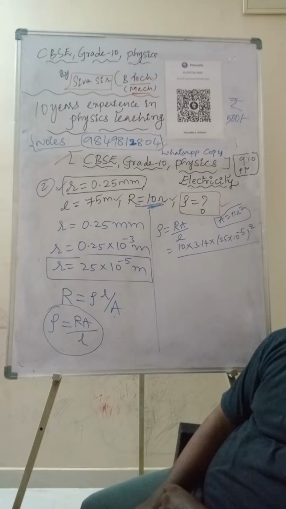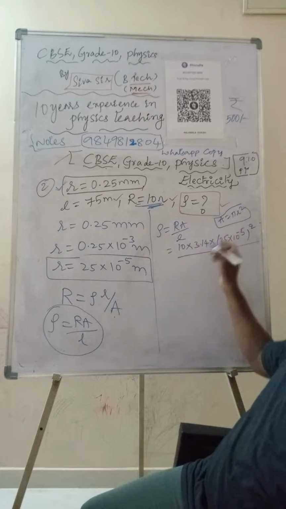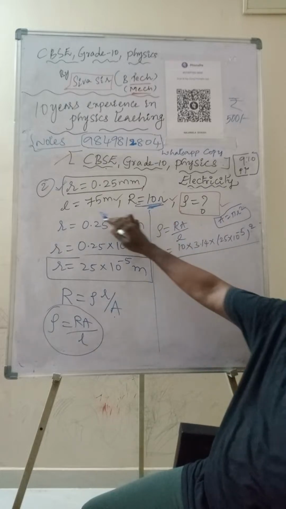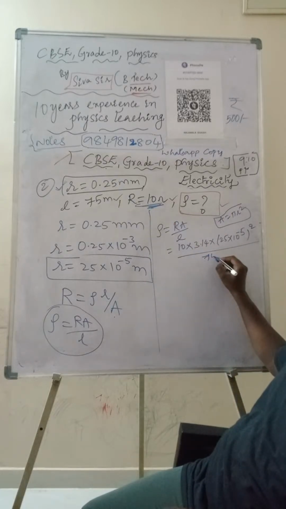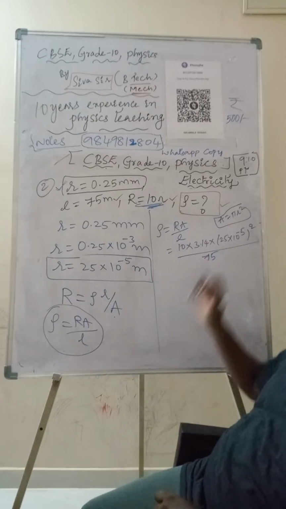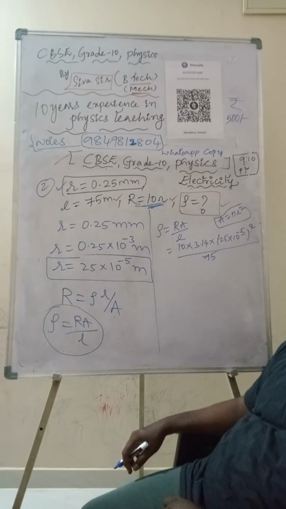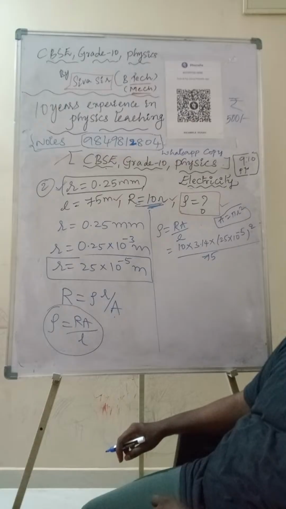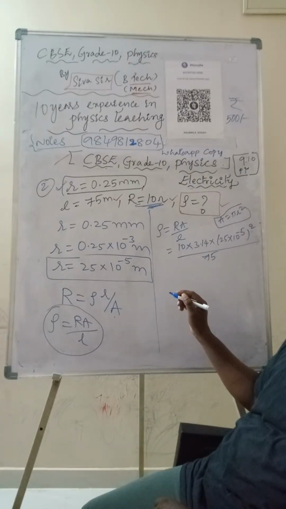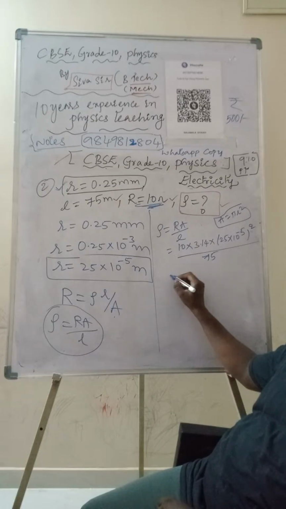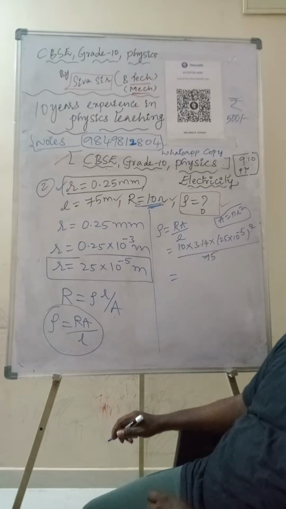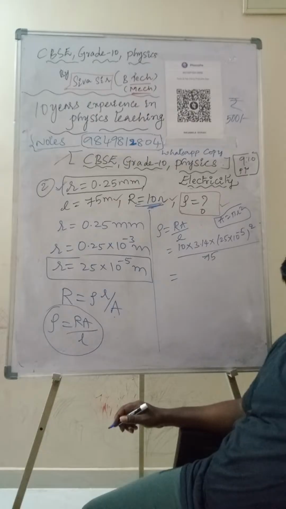Do you have any doubts? No doubts. So the length equals how much? Length is 75. If you take 75 and do the calculation, how much will you get?